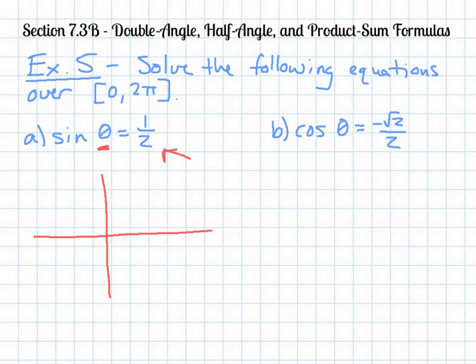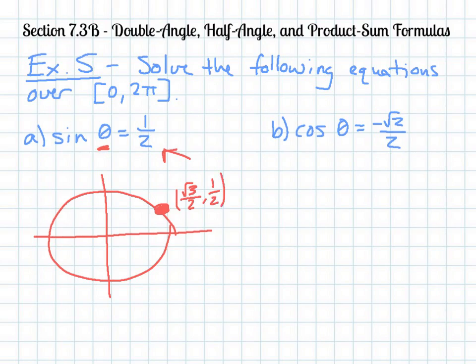So if you look at your unit circle, where do ratios of 1/2 happen for sine? If we look at our unit circle, there should be one over here in the first quadrant, which is the point square root of 3 over 2, comma 1/2.